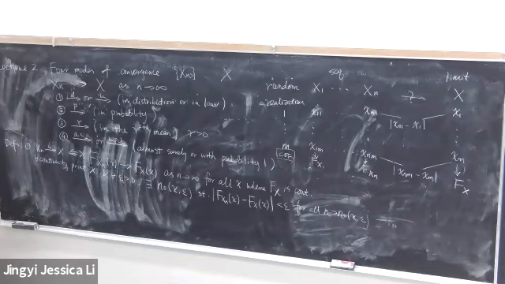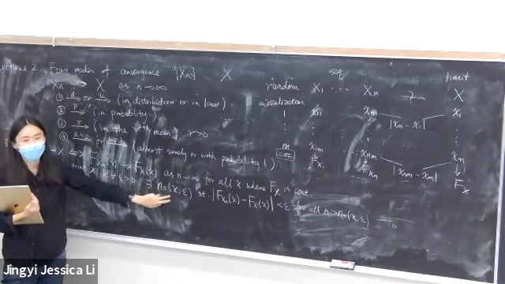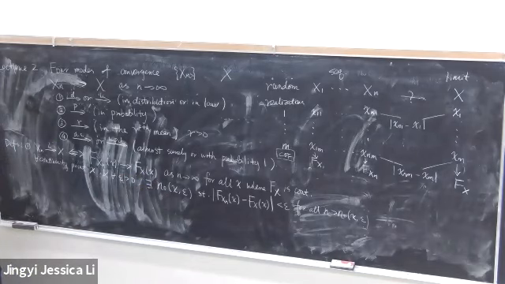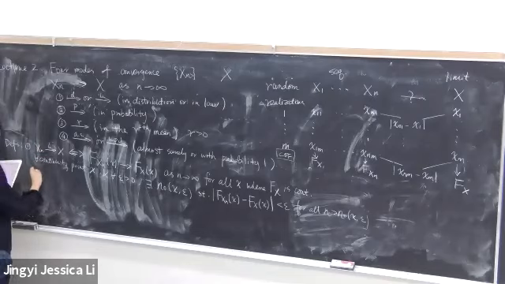In that case, this n0 will not depend on x. It's the same n0 for all x. So essentially, to prove convergence in law, you just need to prove point-wise convergence of functions. That's it.